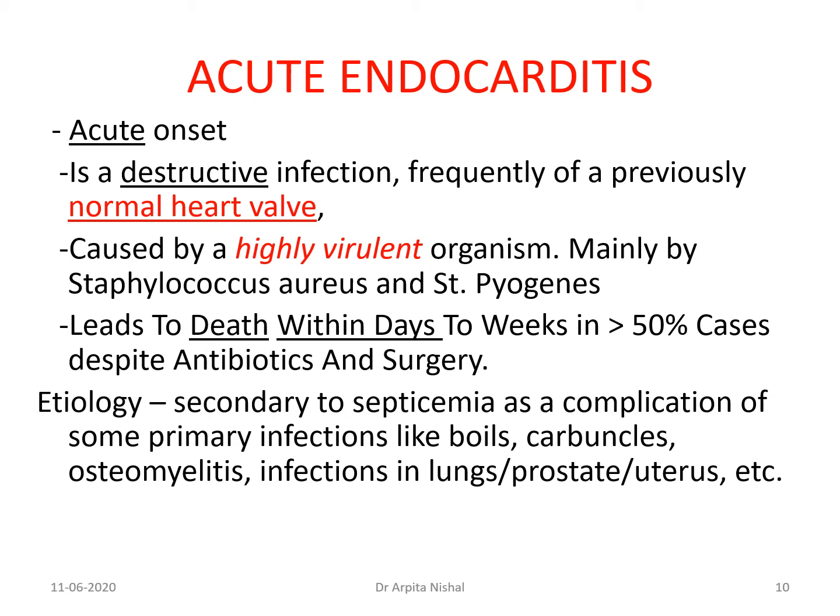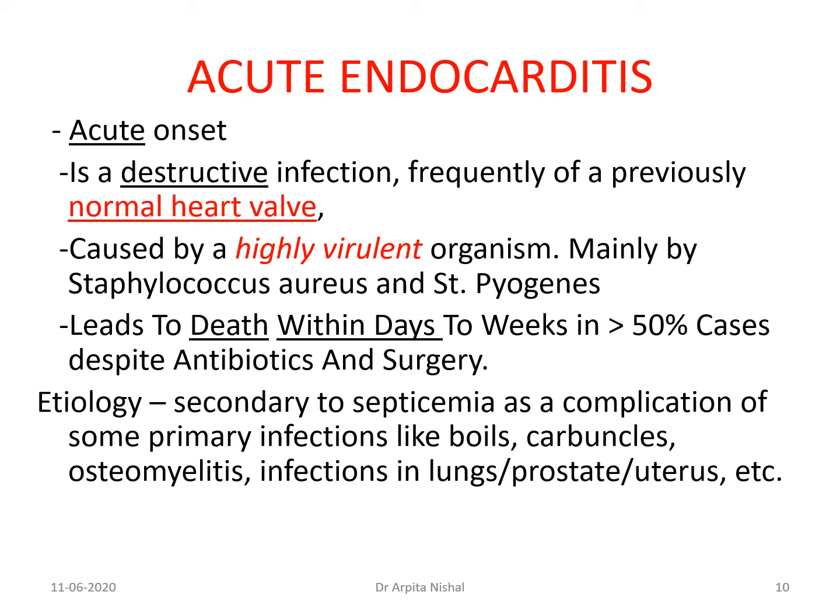Acute infective endocarditis, as the name suggests, has an acute onset. It is a destructive infection, frequently of a previously normal heart valve. So here the infection affects a normal heart valve, and the infection is of the destructive type.